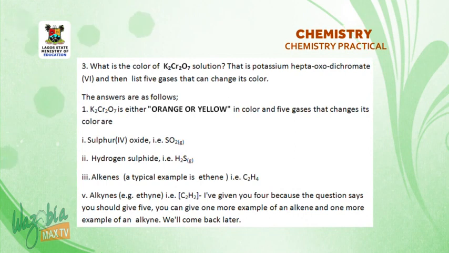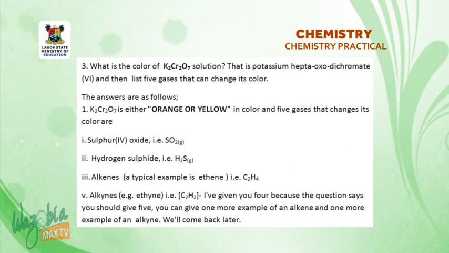1. K2Cr2O7 is either orange or yellow in color. And 5 gases that change its color are, number 1, sulfur 4 oxide, that is SO2 gas. Number 2, hydrogen sulfide gas, that is H2S. Number 3, alkene.